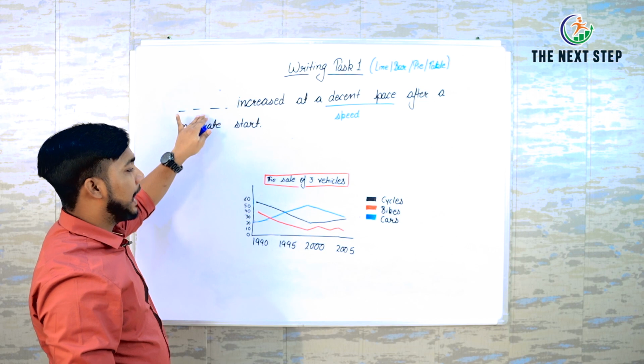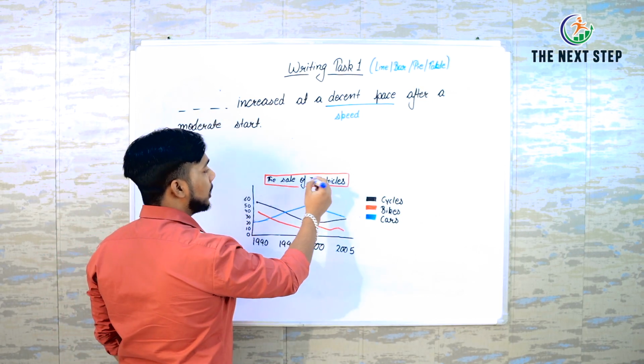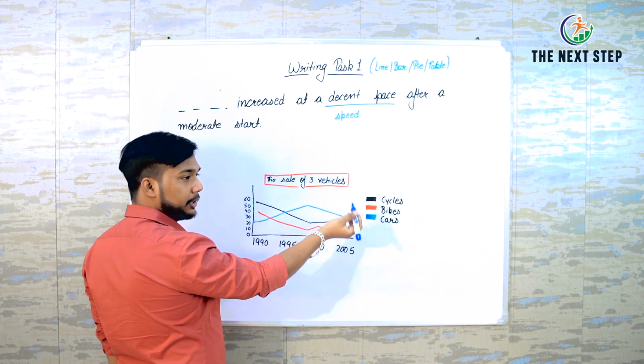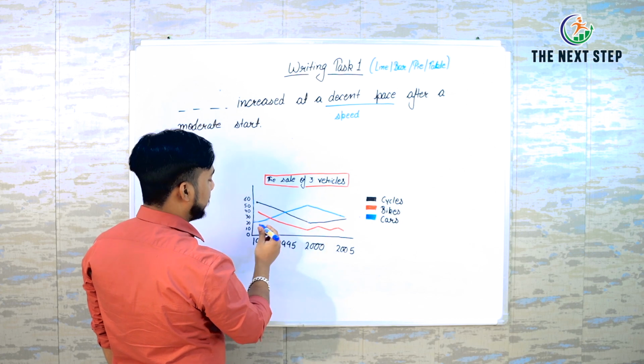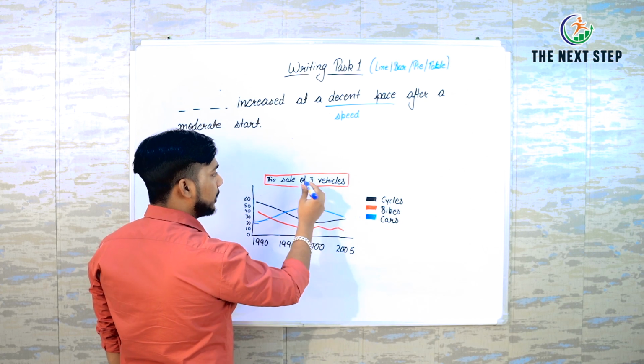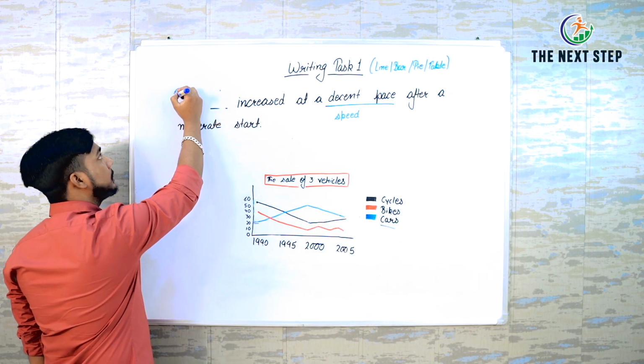So here we have our next rule. Dash means whatever your subject is. For example, the sale of, there are 3 vehicles, so I can talk about one of them. For example, here is the increase. The sale of cars.